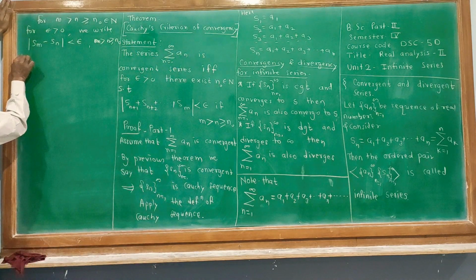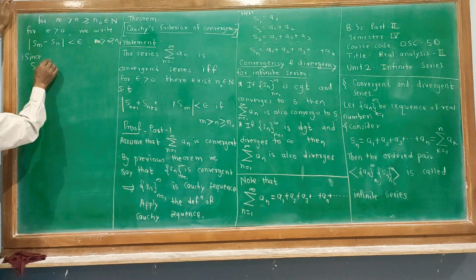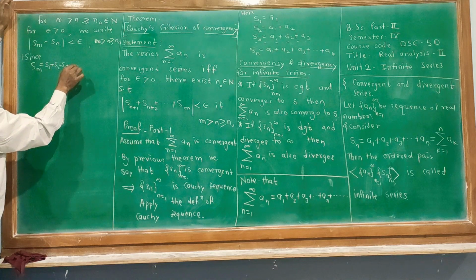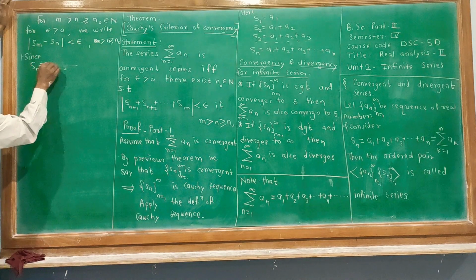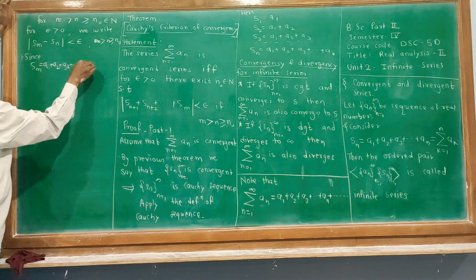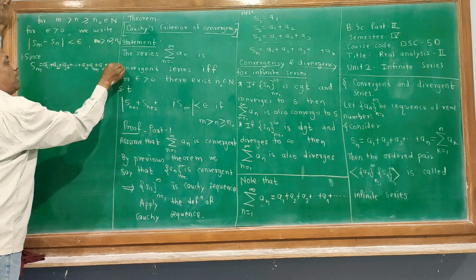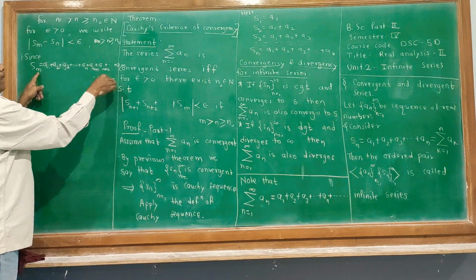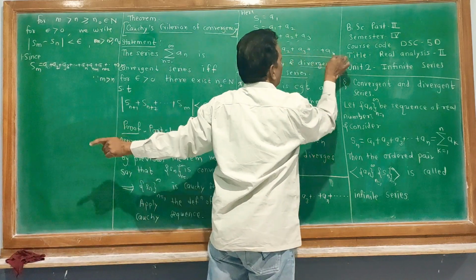Sm is equal to A1 plus A2 plus A3 plus up to An plus A(n+1) plus A(n+2) plus up to Am. Why? Because m is greater than n. Sm is this and Sn is this.